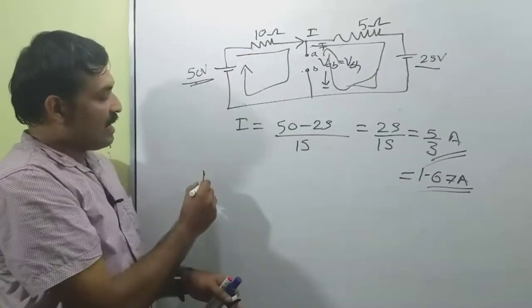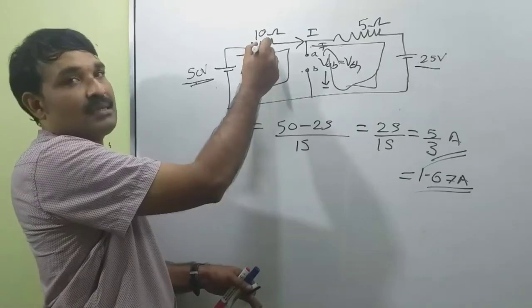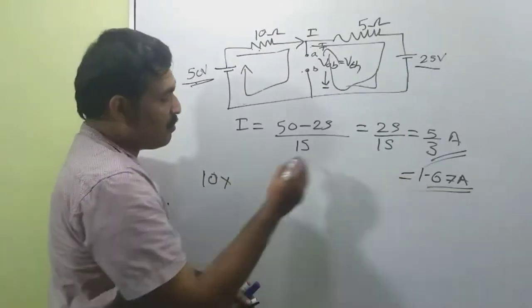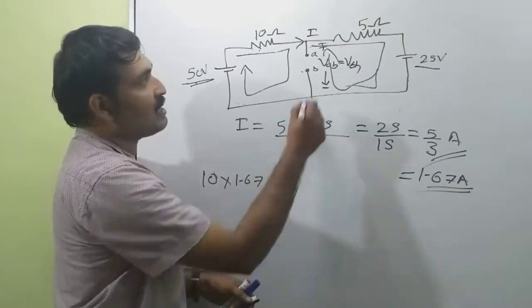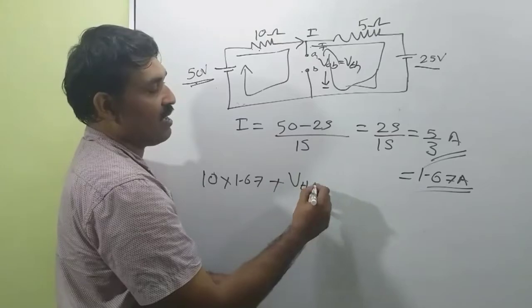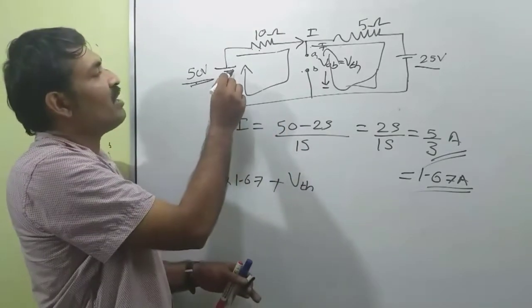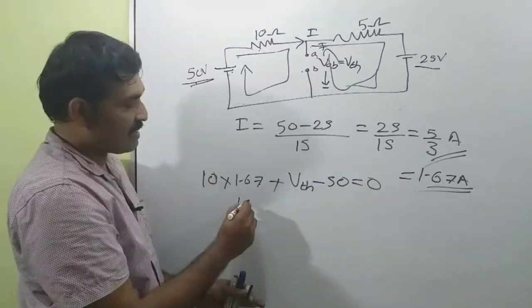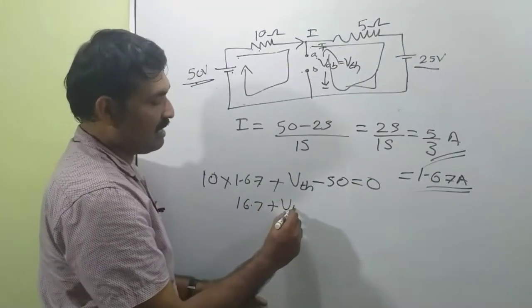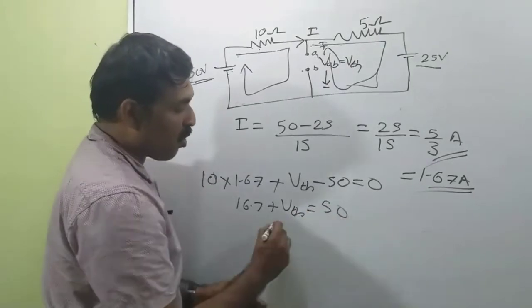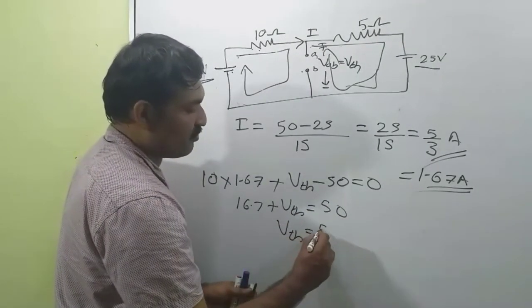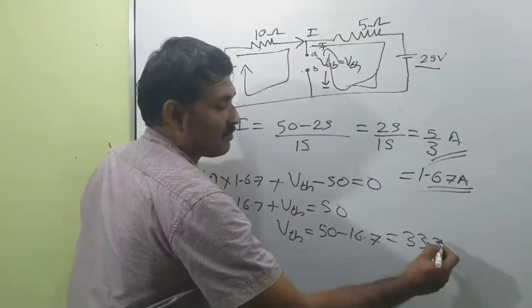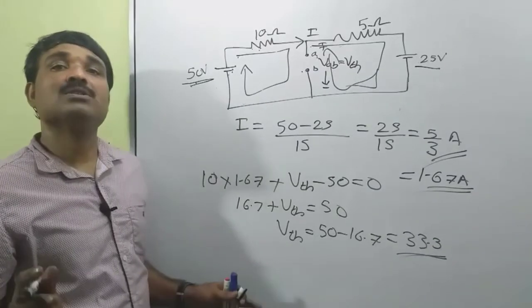That means 10 into the current through this resistance, that is the potential across this 10 ohm resistance, that is 10 into 1.67, plus VTH, that is VAB. Now we are moving from lower potential to higher potential, so minus 50, that is equal to 0. 16.7 plus VTH is equal to 50. Or VTH is equal to 50 minus 16.7, that is 33.3. So we got the value of the open circuit voltage VTH.